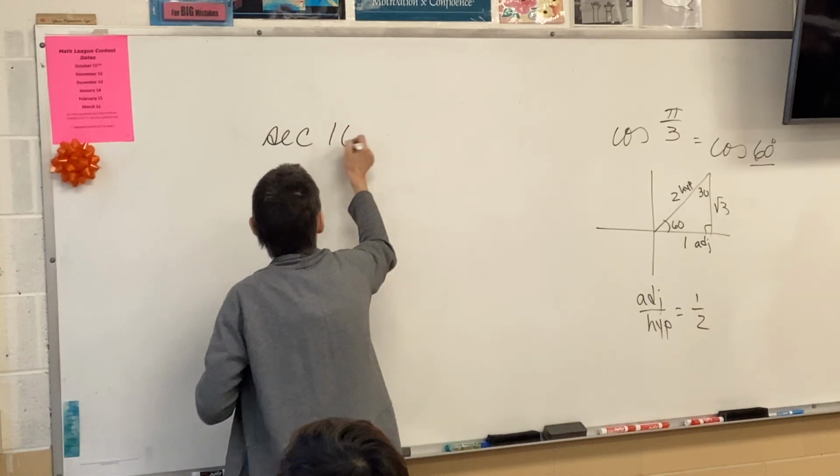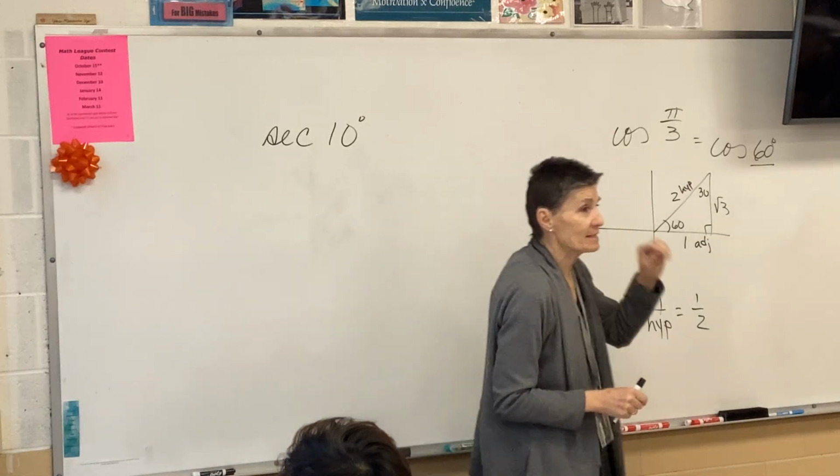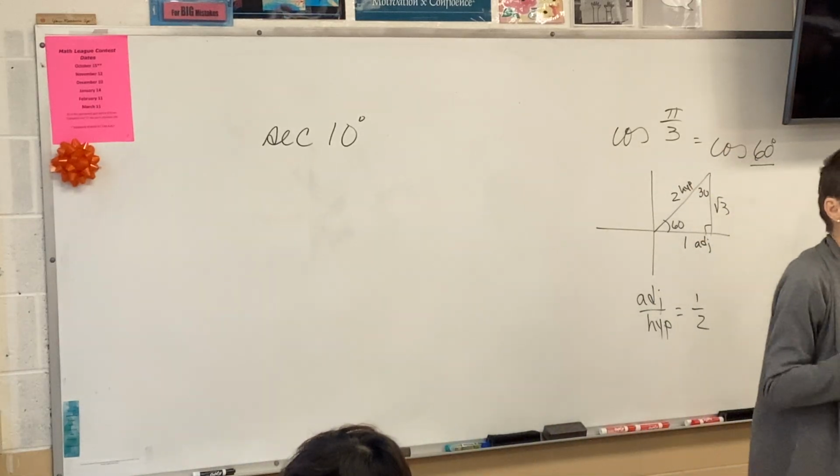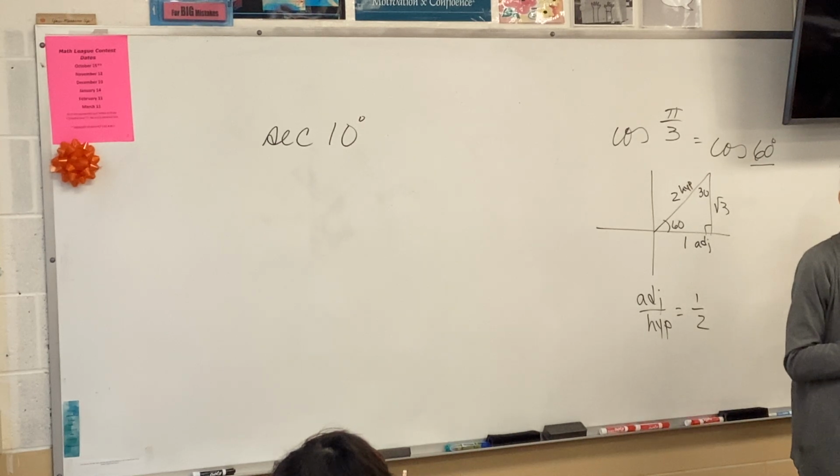Secant 10 degrees. If I had a secant button, life would be perfect. I don't have a secant button. You don't have one on your calculator either. So what do I know about secant? It's the reciprocal of the cosine.